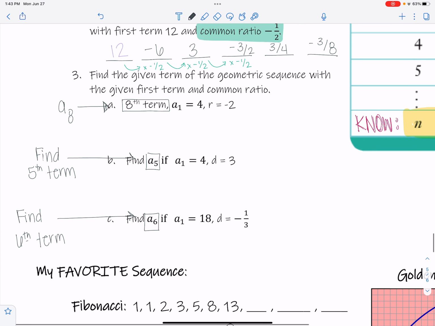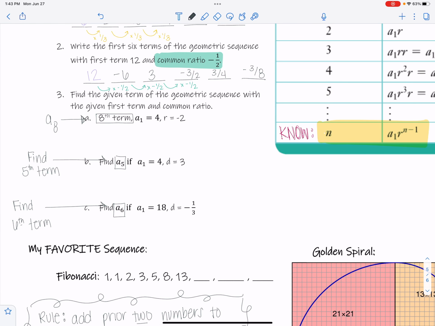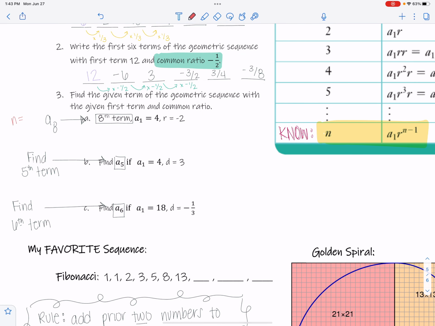All right, number 3 says find the given term for the geometric sequences with these following conditions. We've got 3 parts here. The first part says find the 8th term if a1 is 4 and r is -2. So we're going to use that formula off to the right. Because I'm looking for the 8th term, n is going to equal 8 in my formula.